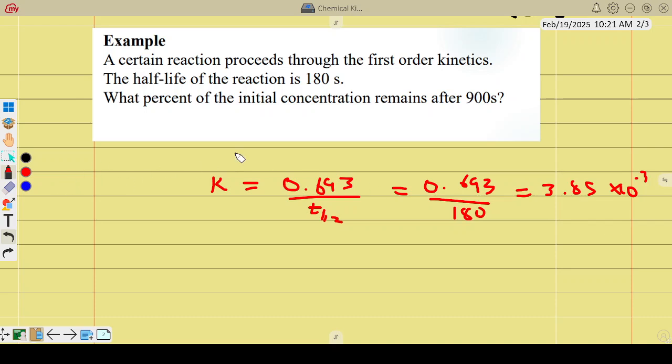Always remember the units for the rate constant under first order reactions: per second. So this is the rate constant.